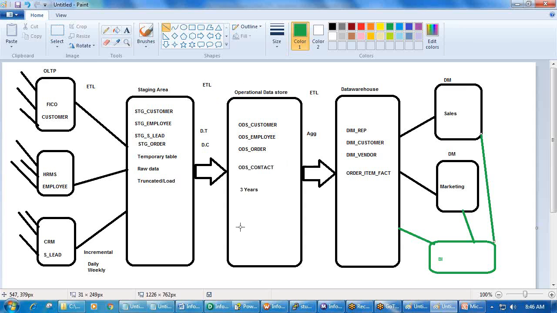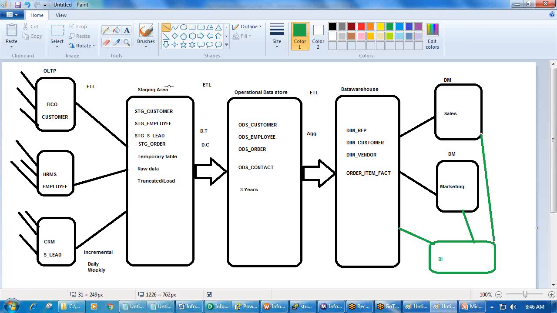We don't analyze the data on top of this. It is used more for operational uses. It might be used by bank managers or bank clerks, who are not actually business users, just employees of the bank. So this is how the data flows from your transactional system to the data warehouse for a complete process.